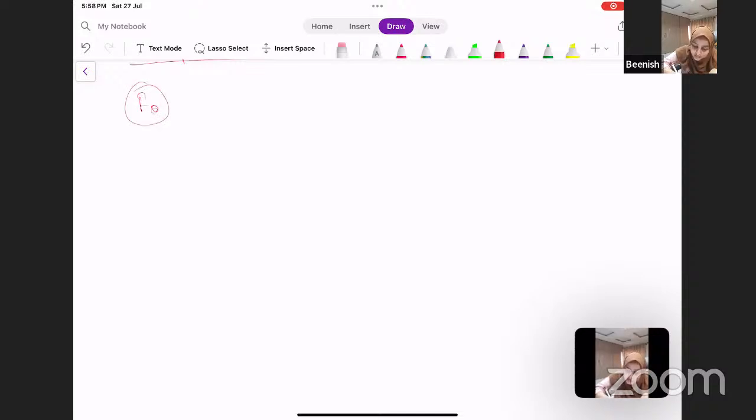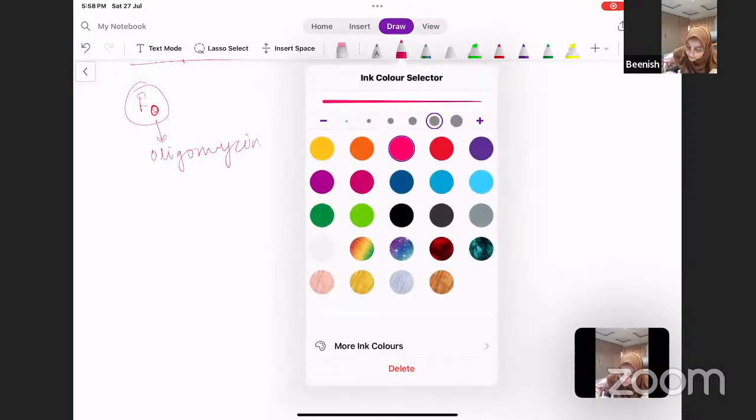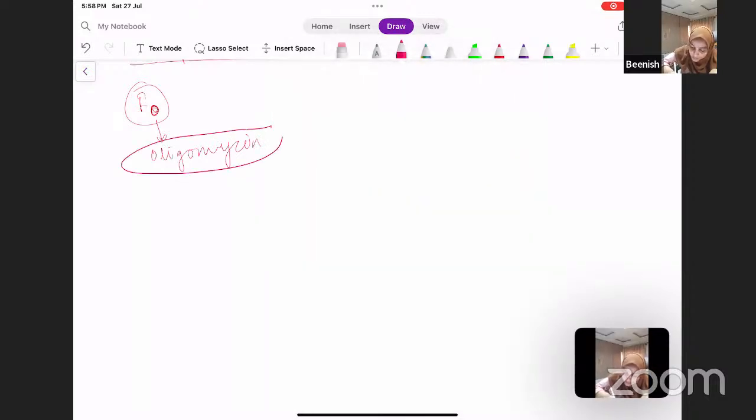Here the O in F naught actually denotes oligomycin. And what is oligomycin? It is an antibiotic which is inhibiting your F naught. And what was F naught doing?